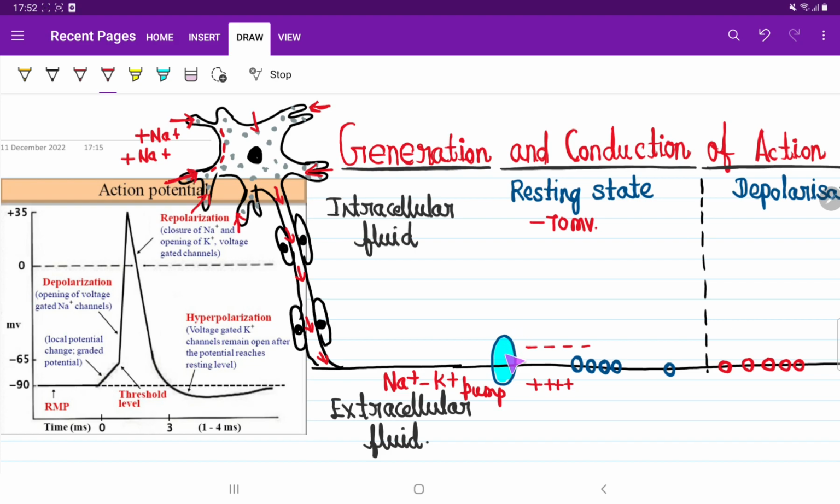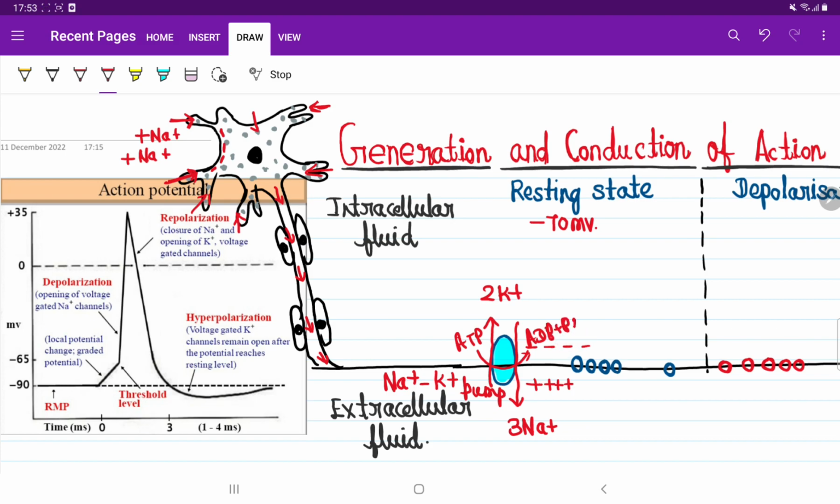Whenever the sodium potassium pump works, it always pumps two potassium ions inside the cell and three sodium ions outside of the cell. The sodium potassium pump facilitates transport of 2 potassium ions inside and 3 sodium ions outside, and it uses 1 ATP in this process. It breaks this ATP into ADP and inorganic phosphate.